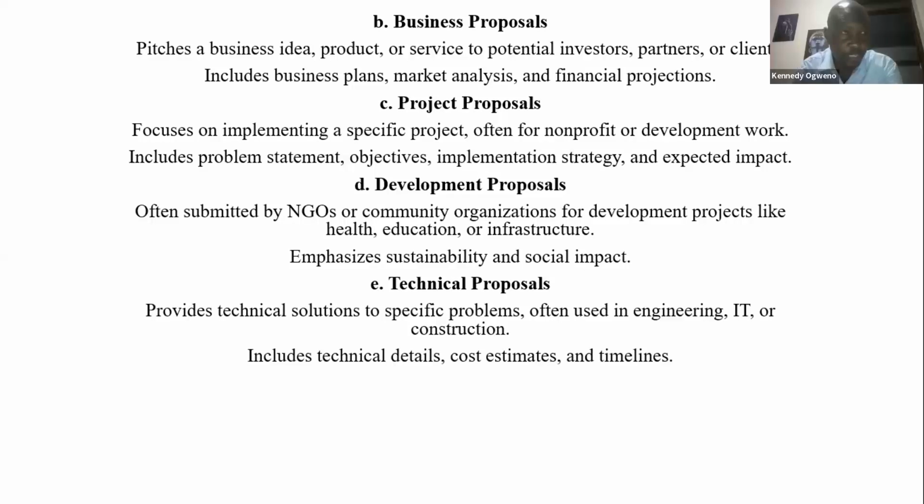And probably it may include something to do with some of the projects that are conducted in the community that are free for profit. It also includes a problem statement, objectives, an implementation strategy, and expected impact, okay? So just to talk about the problem statement, how do we go about it?